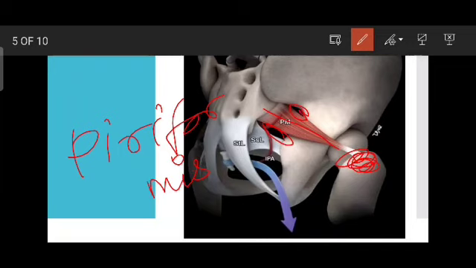Through this gap nerves and vessels enter and supply the gluteal region, or immediately enter into the lesser sciatic foramen and supply the perineum region also.